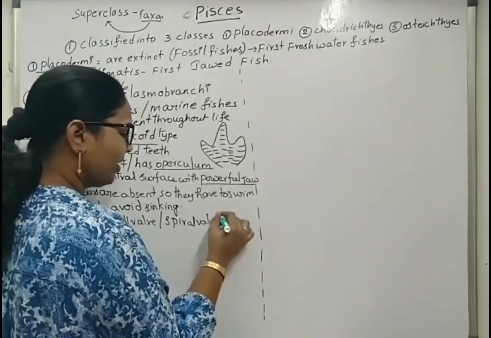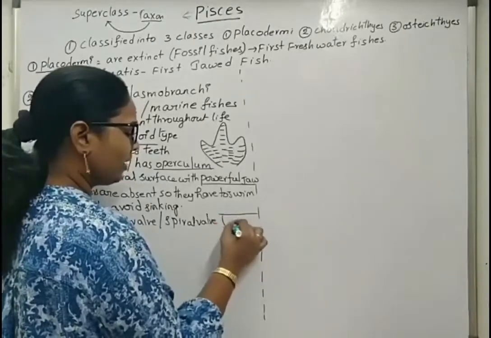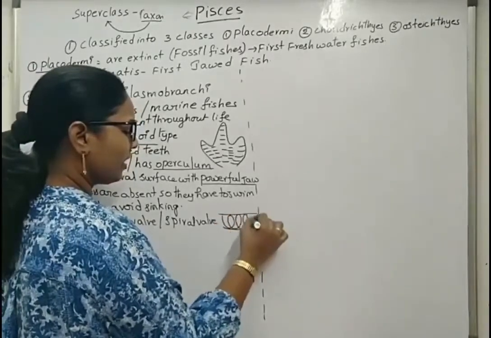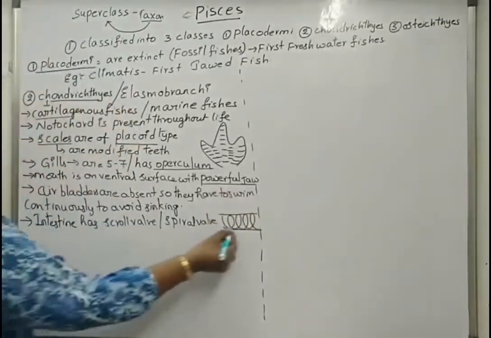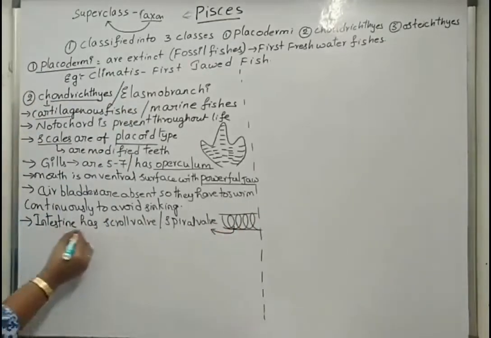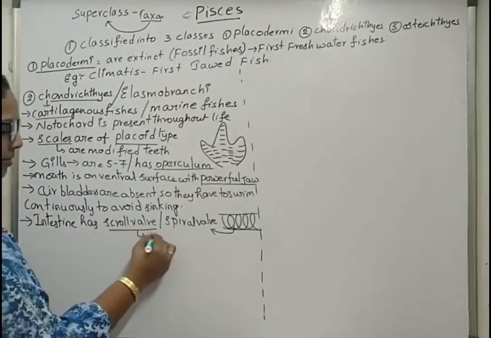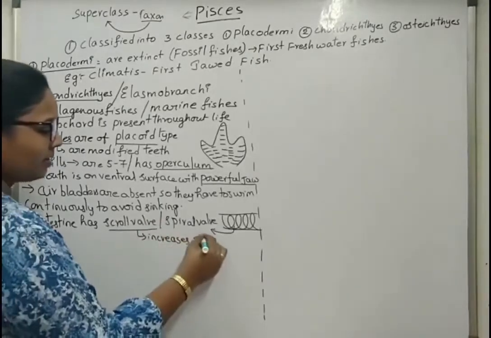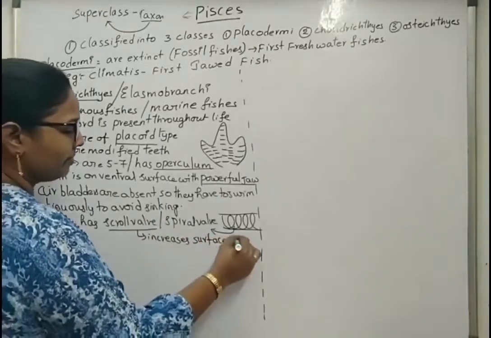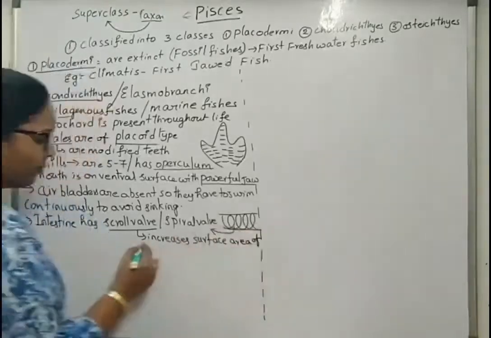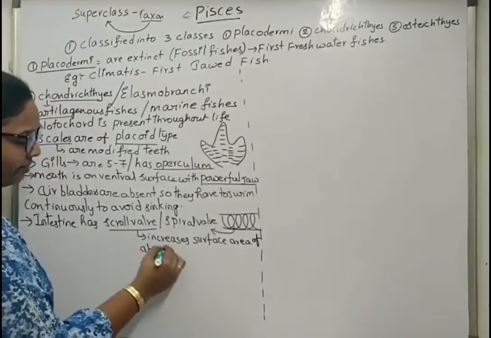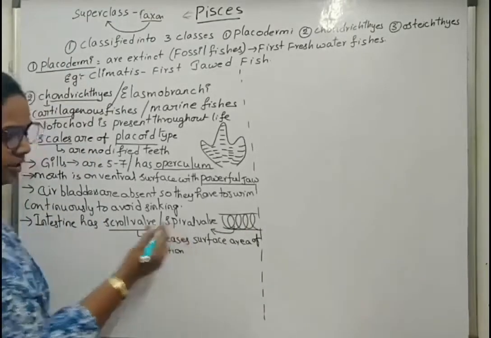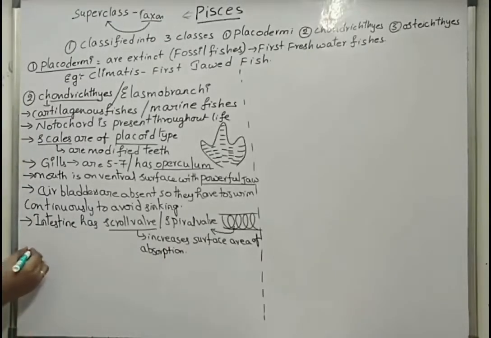Spiral valve means if this is the intestinal tube, then the spiral valve structure is like this. It increases the surface area of absorption for nutrients.